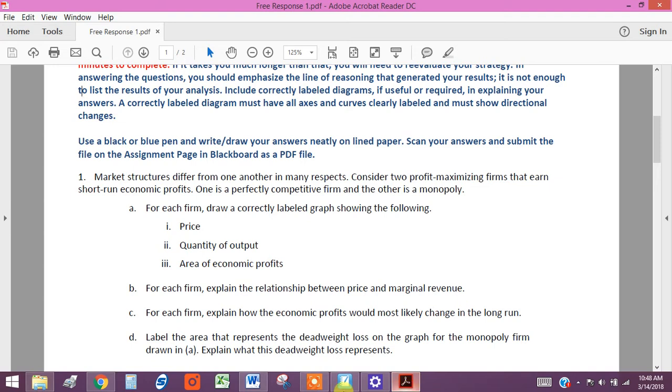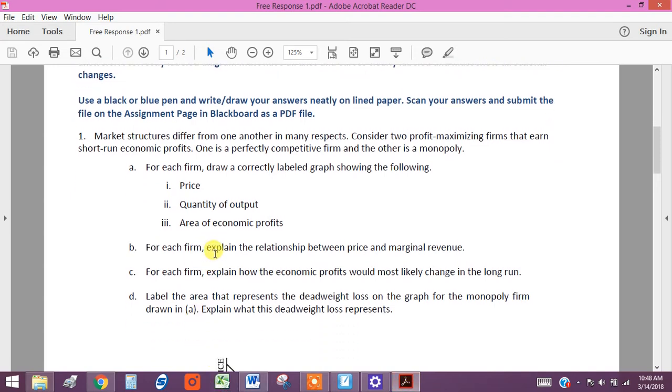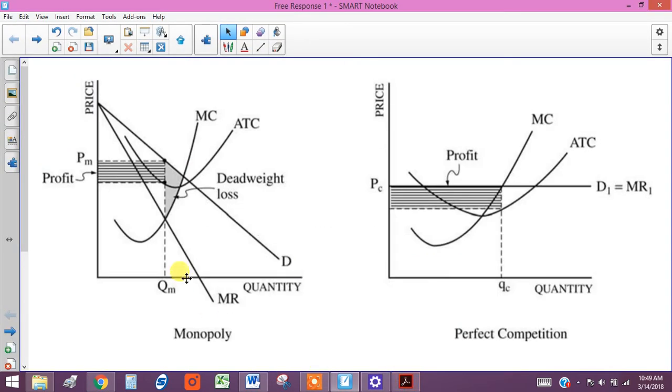We want to, in part B here, for each firm, explain the relationship between price and marginal revenue. Well, in a monopoly, price is always going to be above marginal revenue, because that's how you determine what your price is, by moving up from the point where marginal revenue equals marginal cost, up from that point, from your marginal revenue curve here to the demand curve here.